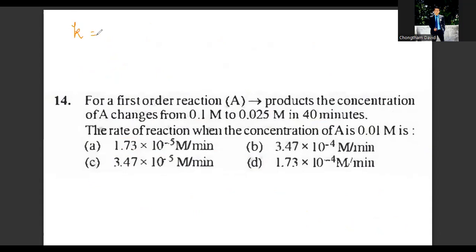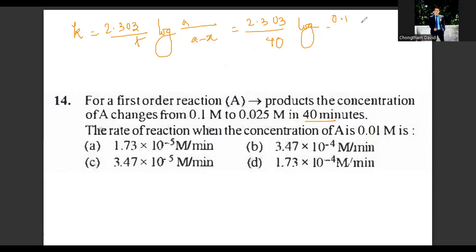K equals, the integrated equation is 2.303 by time, log of initial by final. This you all know, right? So substitute the values: 2.303 by 40, given time is 40 minutes, log of initial concentration 0.1, final concentration 0.025.